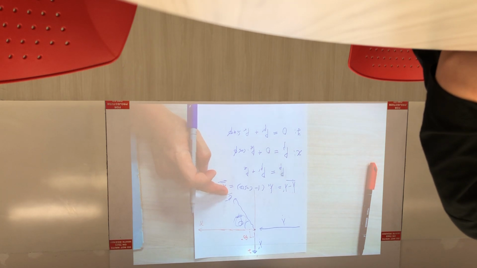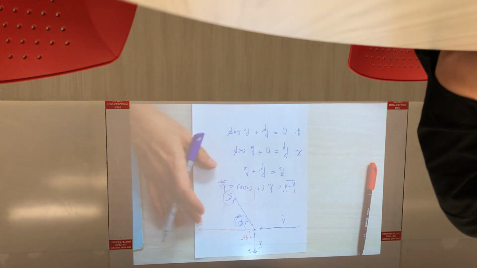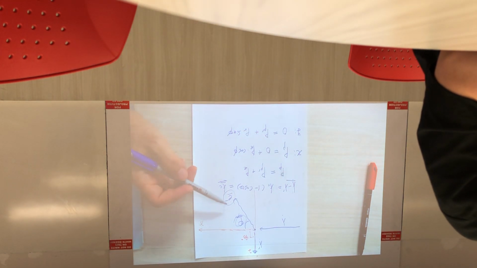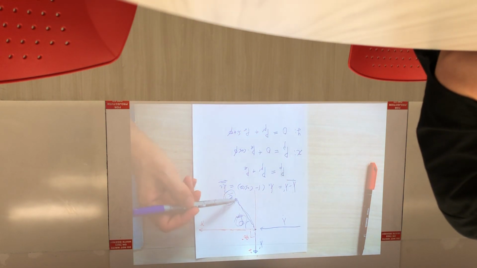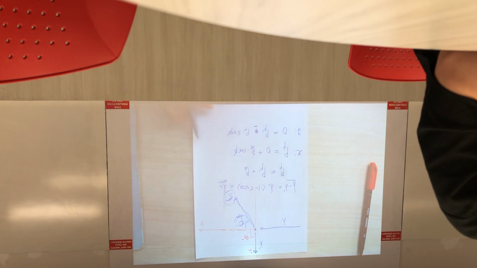And you see that this electron scattered according to my coordinate to the negative y direction, so I will have a minus sign.